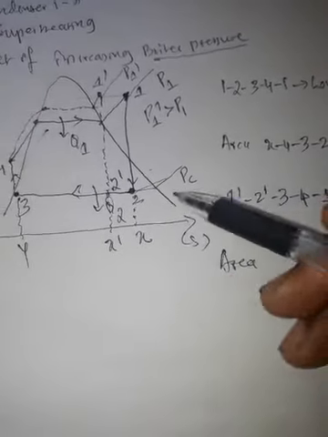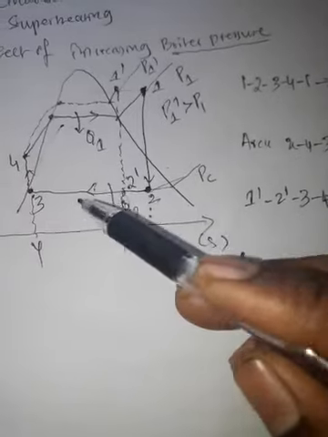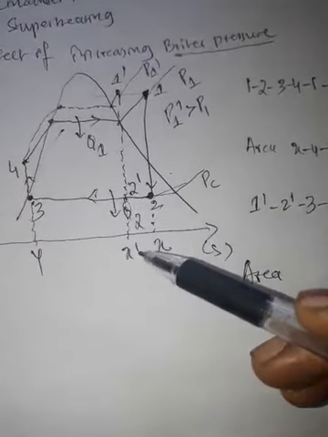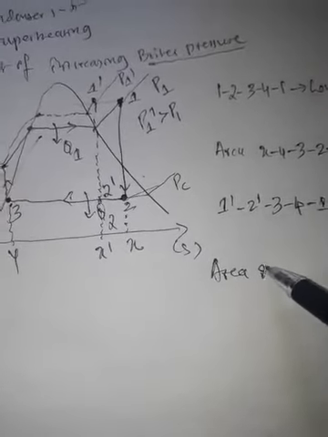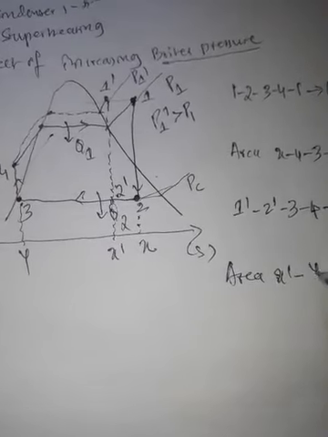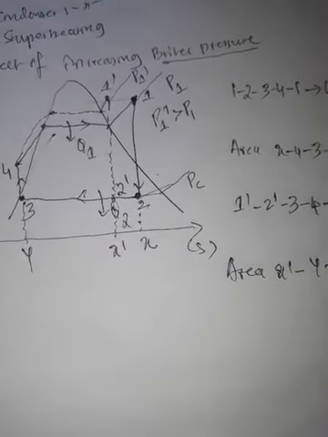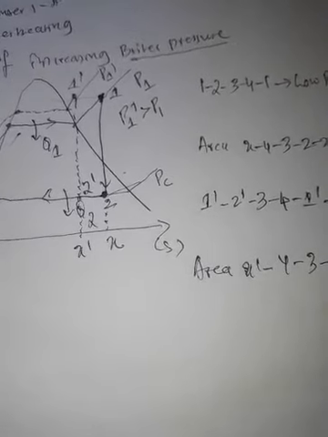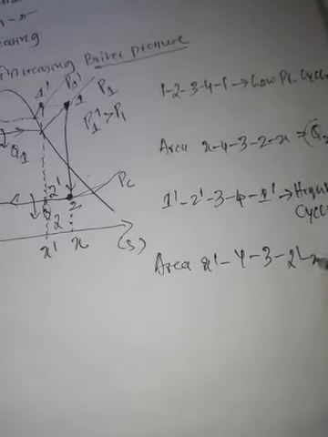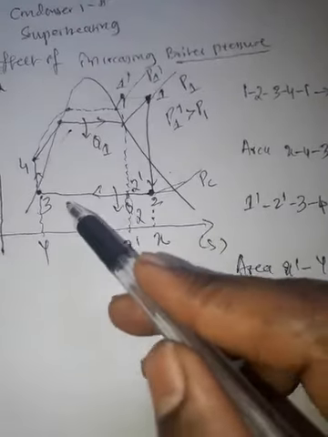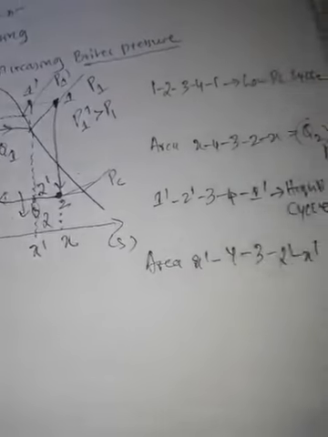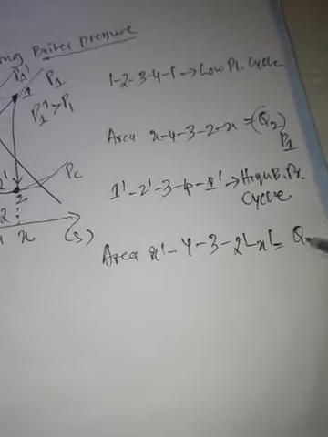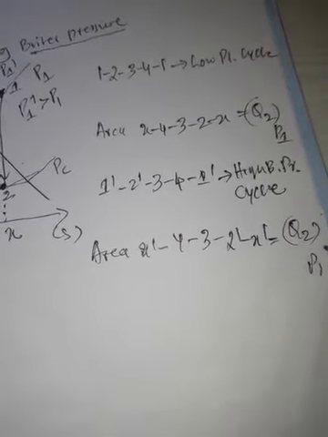Area for the heat rejection is x dash y 3 2 dash x dash, means only this much area is the Q2 with P1 dash.